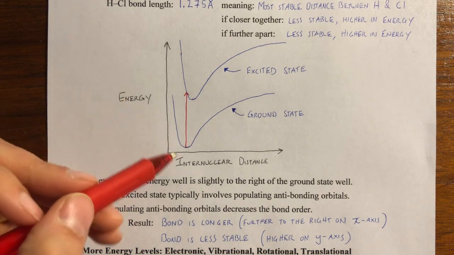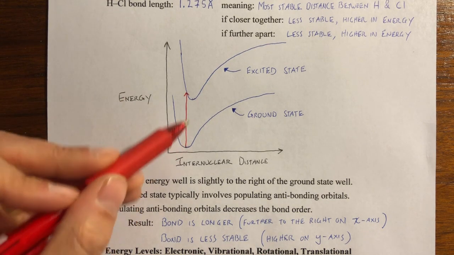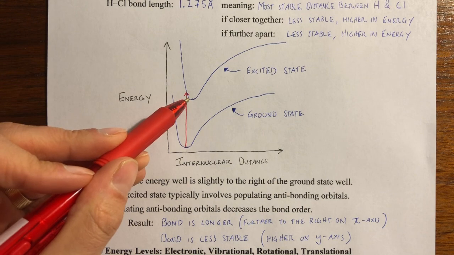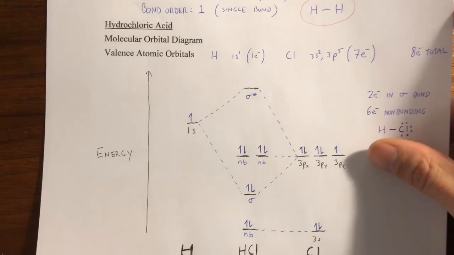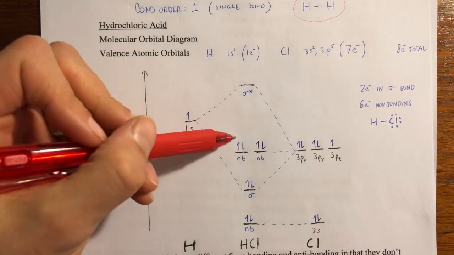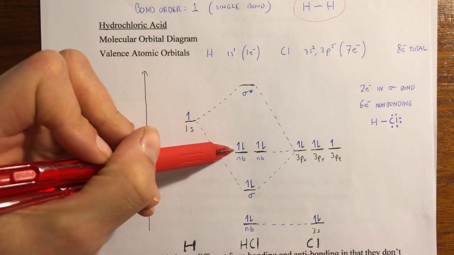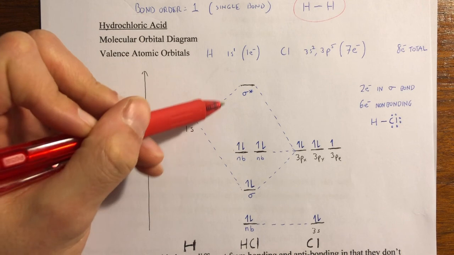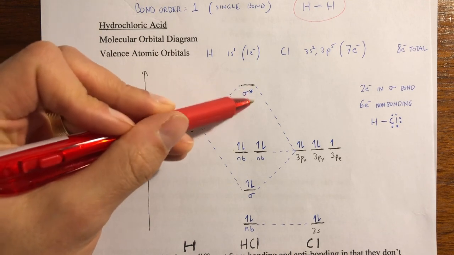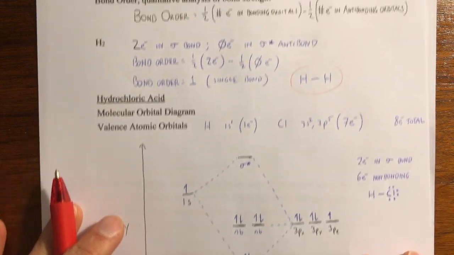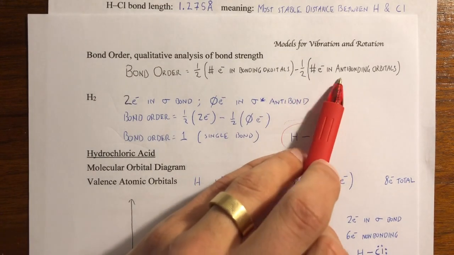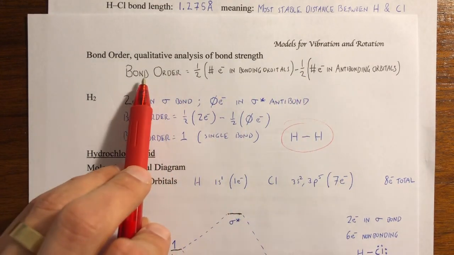So if you imagine going from a ground state to an excited state where we are populating higher energy levels, in hydrochloric acid, that might look like electrons from non-bonding orbitals being promoted up here into antibonding orbitals. And from our bond order equation, if we start populating antibonding orbitals, we are taking away from the bond order.